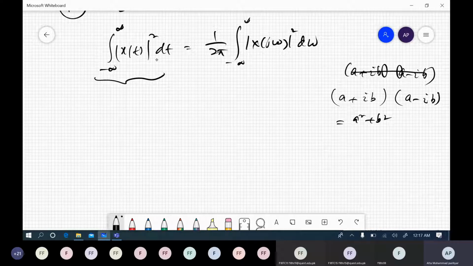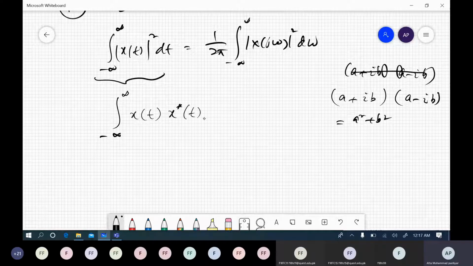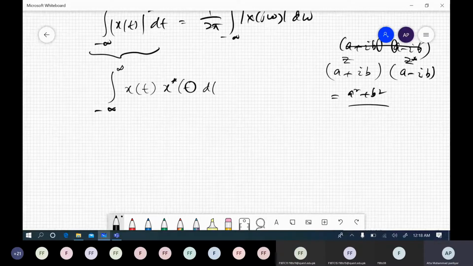So we wish to write this as the integration from minus infinity to plus infinity of x of t times x conjugate of t dt. If this is z, then this is z conjugate, so if you multiply them, you get the square. So we can write it in this form as well.